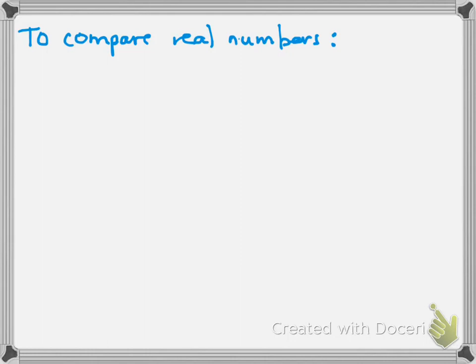What's going to be the easiest way to compare any real number to any real number? Can I turn all real numbers to whole numbers? Really? I can take square root of 7 and make it a whole number? No, I can't. I can only estimate it.